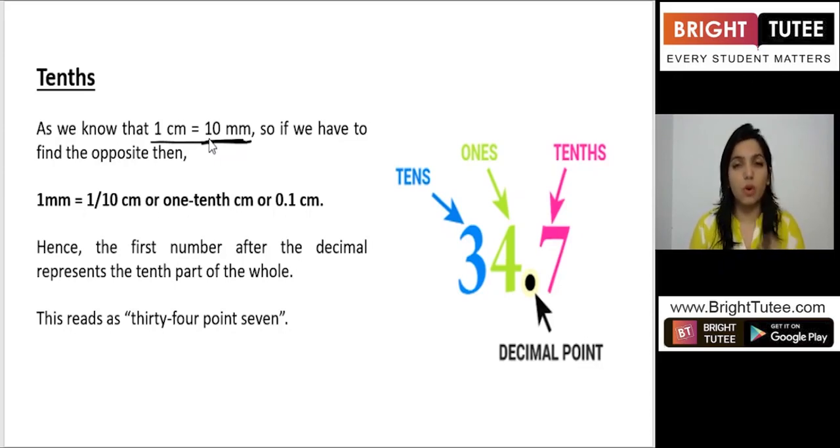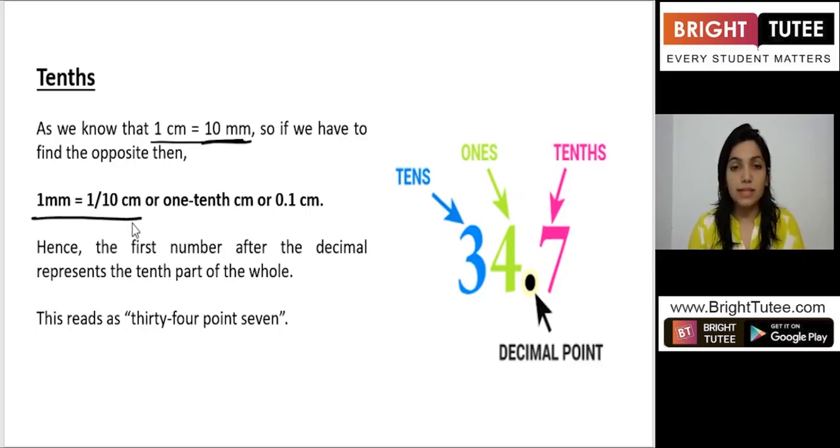That very small distance that you see is basically 1 millimeter, and such 10 millimeters together make 1 centimeter. Now, if 1 centimeter equals 10 millimeters, how can I write 1 millimeter? This is the answer: 1 millimeter is written as 1 over 10 centimeter.